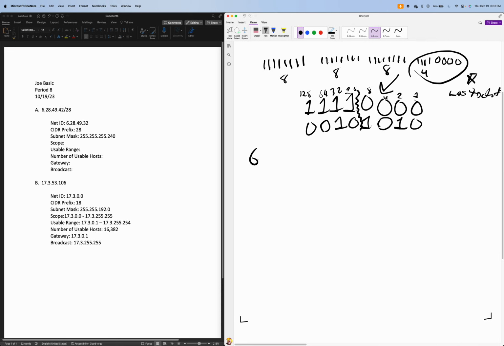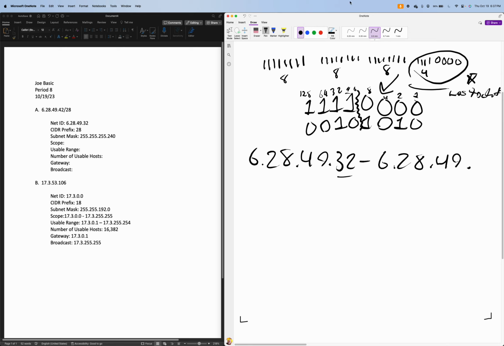So we got 6.28.49.32, and now we're only changing the last octet because this is the one that's going to be changed.